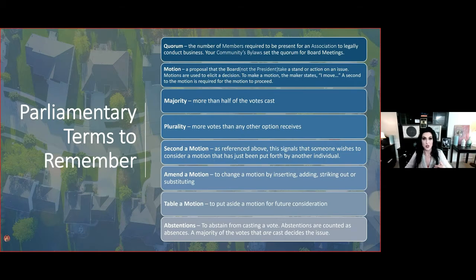So amending a motion, okay, to change the motion, remember, I just said right there, I make a motion to approve ABC landscaping. That whole motion actually needs to be listed on your meeting minutes, okay? That whole motion, all those words, they need to be on there because that's where amending a motion comes into play.